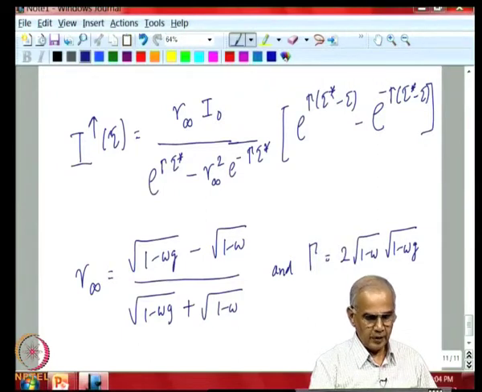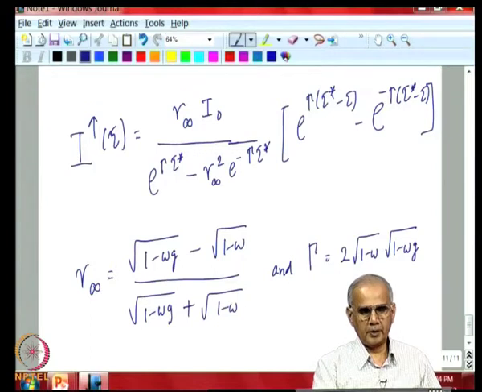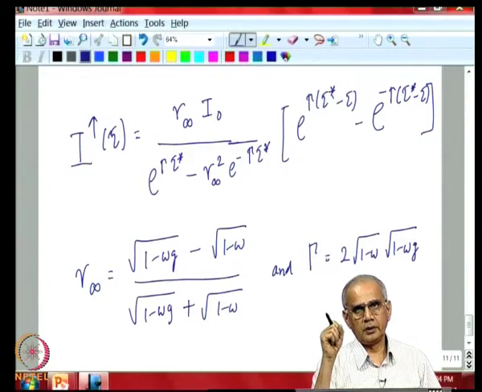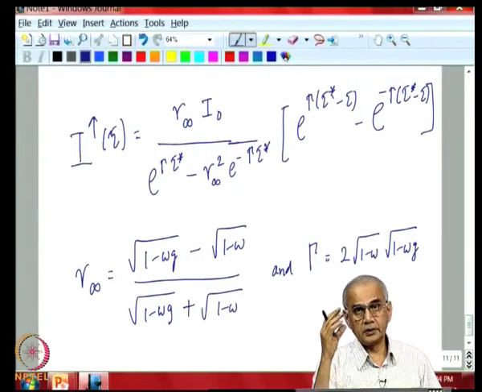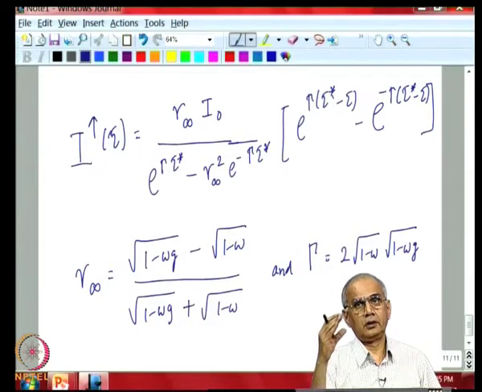So, we have been able to obtain the upward intensity for a given I0, the downward intensity, in terms of this parameter R infinity and this parameter gamma, and all of them are connected only to two factors which control the reflectivity in a scattering medium, which is the single scattering albedo, which tells you what fraction of the radiation is scattered as compared to the radiation that is both scattered and absorbed.